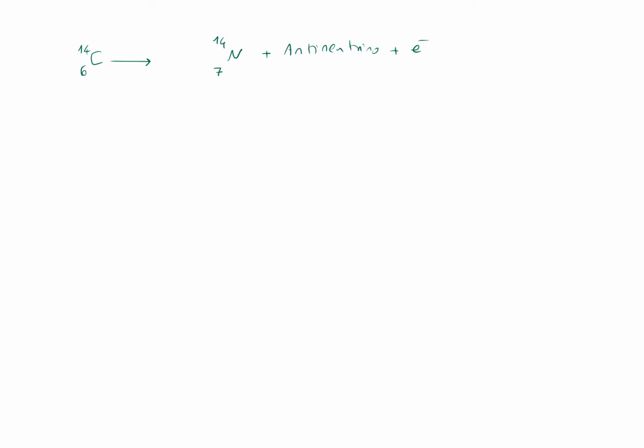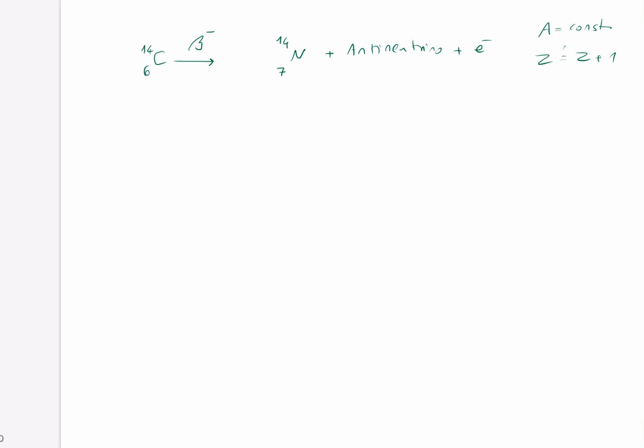As you see here, in the beta negative we produce these three: electron, antineutrino, and as you see here, in the beta negative, atomic mass is constant, but atomic number increased by 1.